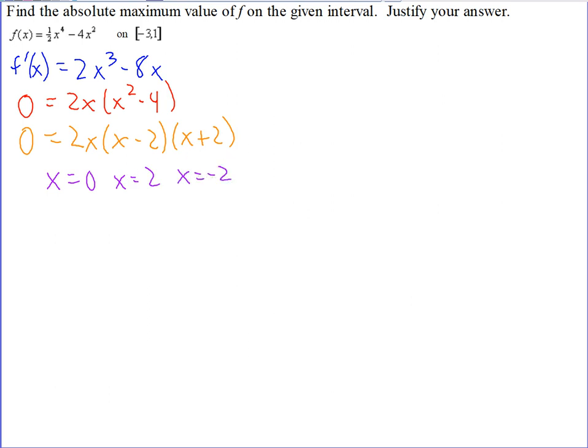However, on these absolute minimum maximum problems, or absolute extrema, you're usually given an interval. We're looking from -3 to 1, and notice +2 is not in that interval. So for our purposes, that's irrelevant. So we'll just use -2 and 0. And then we can draw our number line.